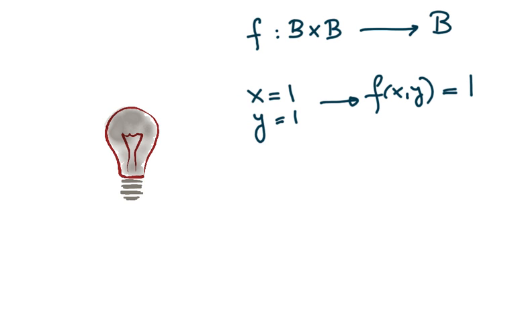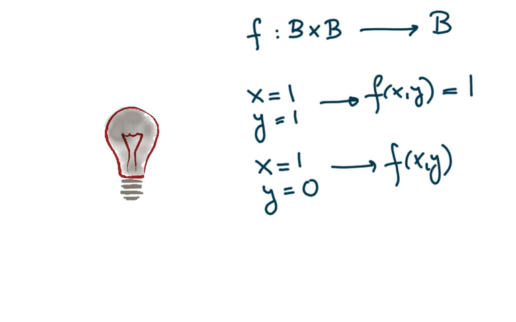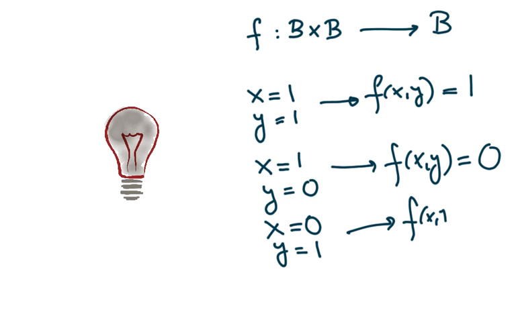What else do we want? Well, if the one downstairs is still up, but the other one is switched down, then we want the light to become off. And if instead of switching this one, we have switched the other one, but this one still is up, we would also like the light to be off.